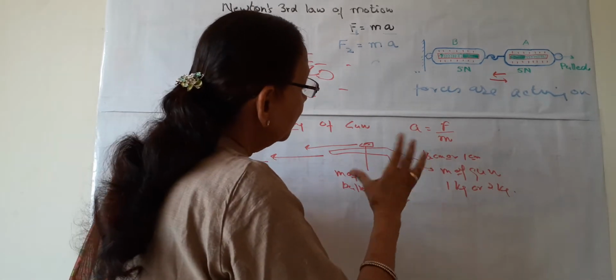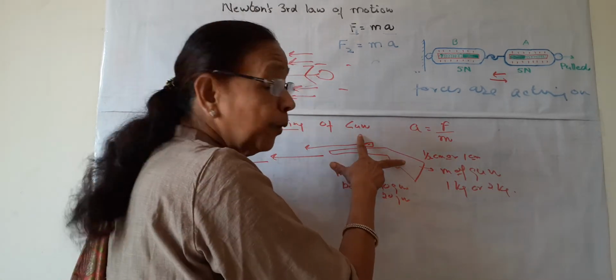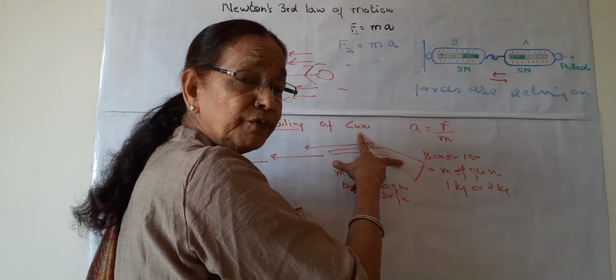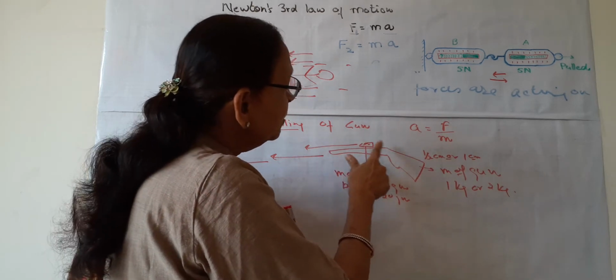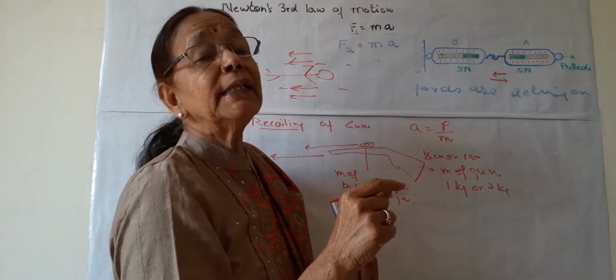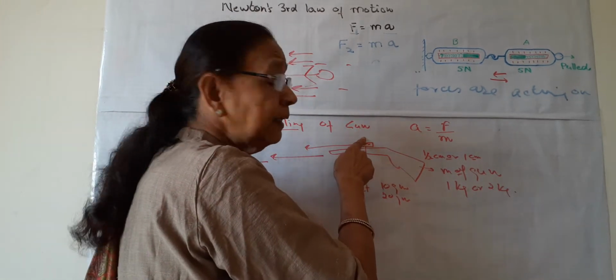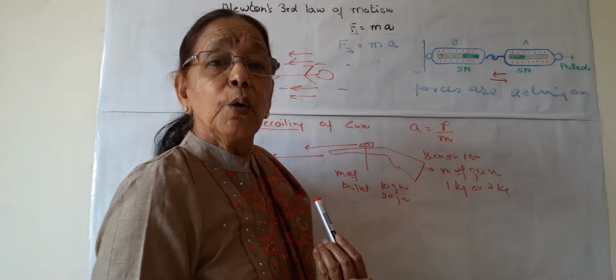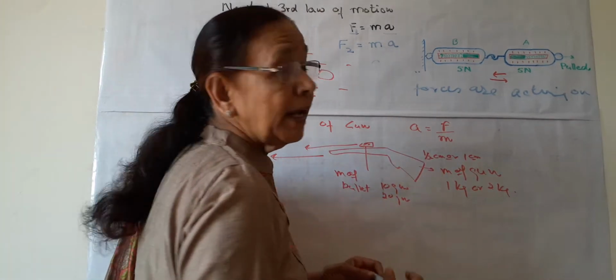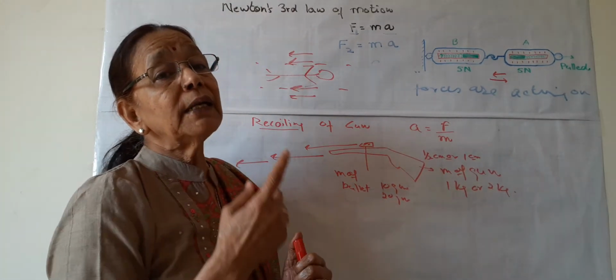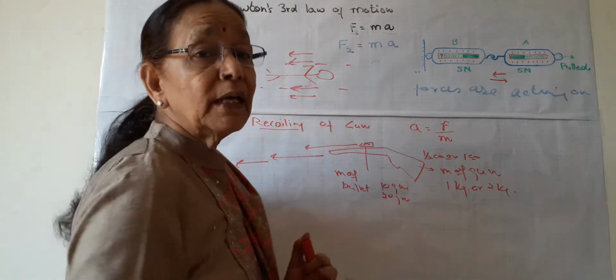So here, according to the third law, both have action and reaction forces, and these act on two objects. One object is the gun and the other object is the bullet. So these are some examples with which we can explain Newton's third law.